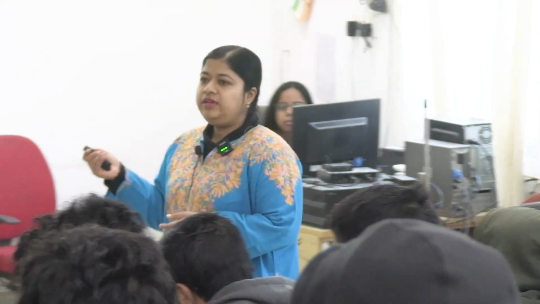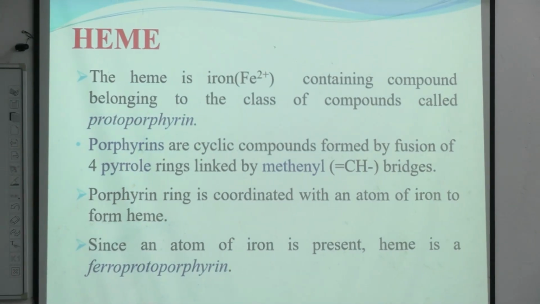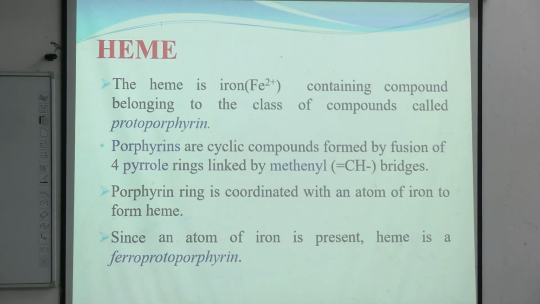Iron here is in ferrous state. In our body, wherever heme is produced, the iron always stays in the ferrous state. What is the other state of iron possible? Ferric, Fe+3.